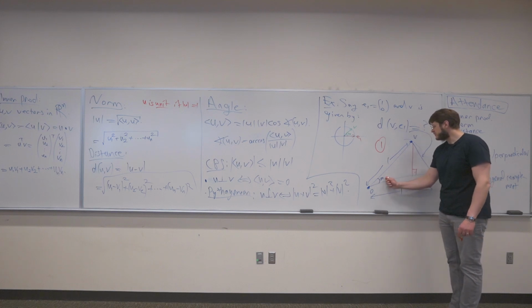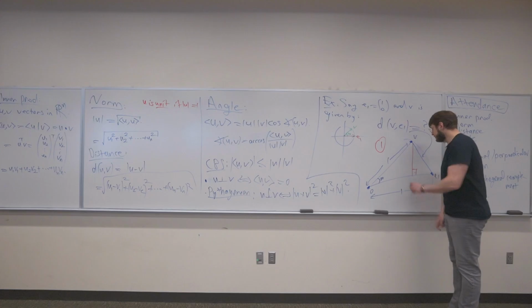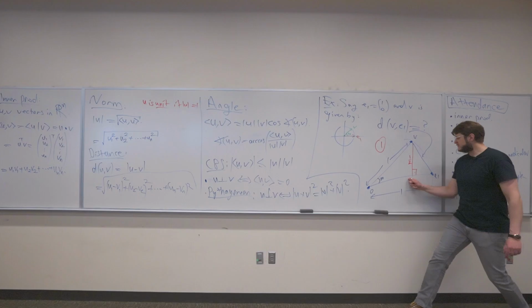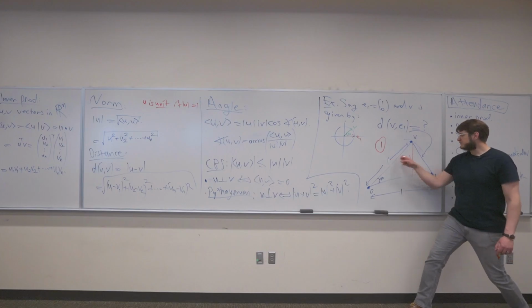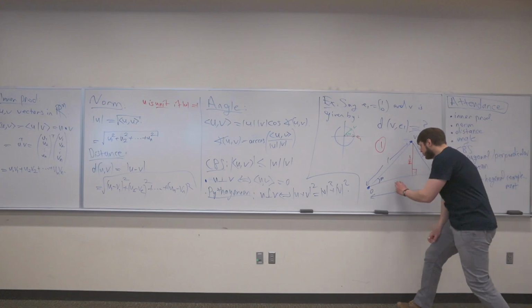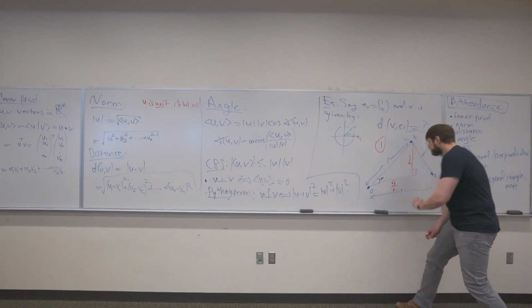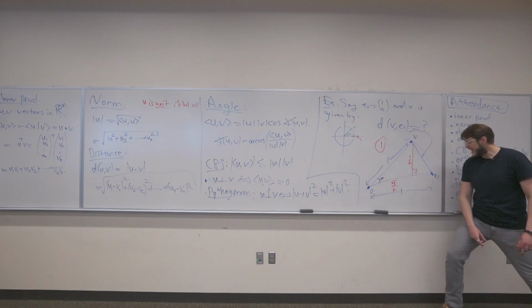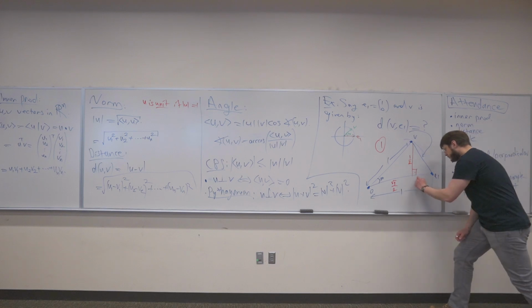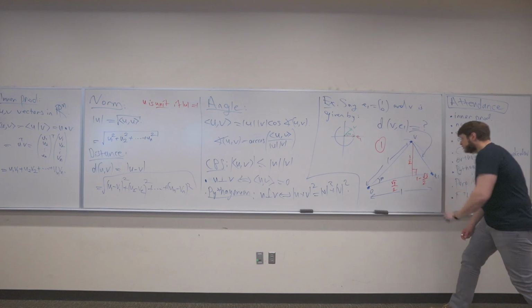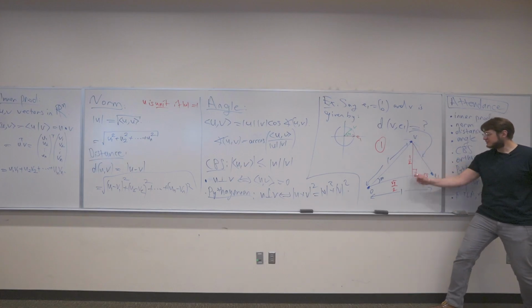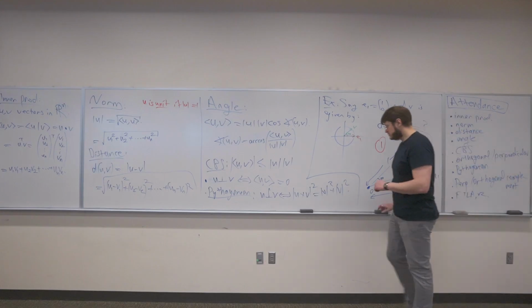Because this is 30 degrees, you know that the length of this is half the length of this. And by the Pythagorean theorem, the length of this is the square root of the square of this minus the square of this. So the length of this little piece is going to be root 3 over 2. But since I know that this whole length is 1, this remaining segment should have length 1 minus this. Which then allows me to use the Pythagorean theorem again to compute the length of this using this side and this side. Okay, let's do it.